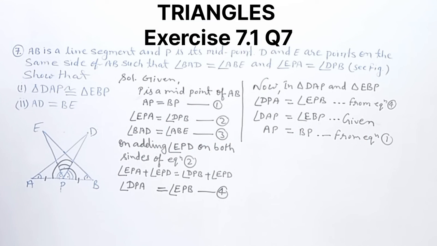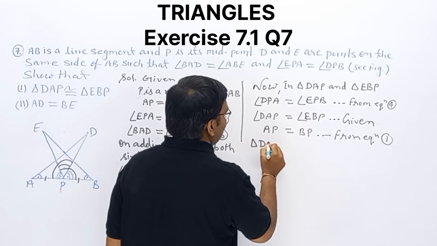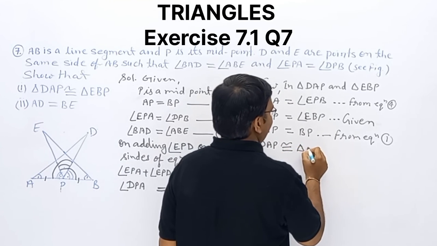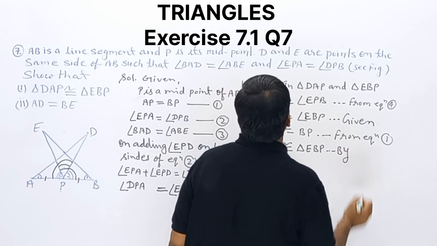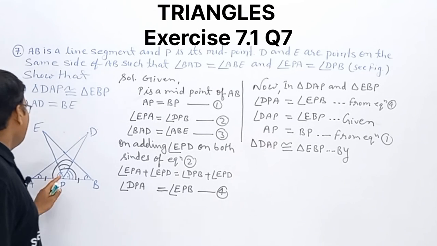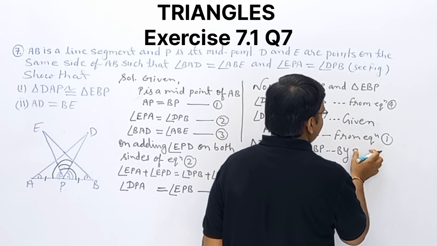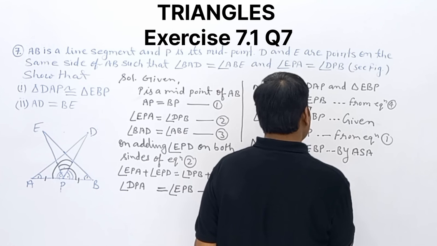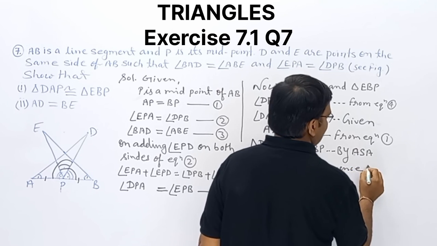We obtained three things. So finally we can say triangle DAP is congruent to triangle EPB by the angle side angle congruence rule.